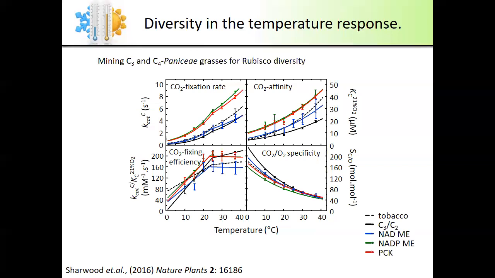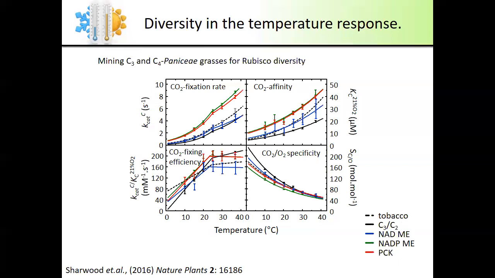Now, what we did is we looked at a whole range of, there's about 15 different grass species from Panicoideae. These are Australian grass species. But what they have is different physiologies. They have C3, C4 intermediate physiology, or they have representatives of each of the C4 types of photosynthetic physiology.